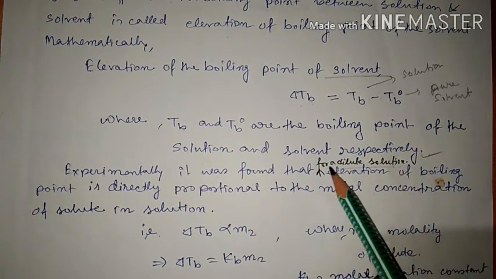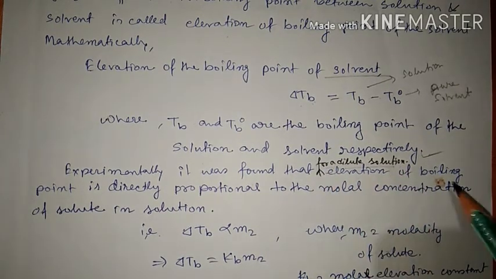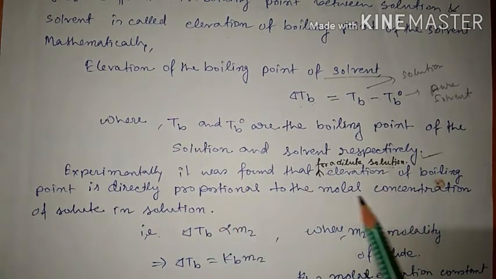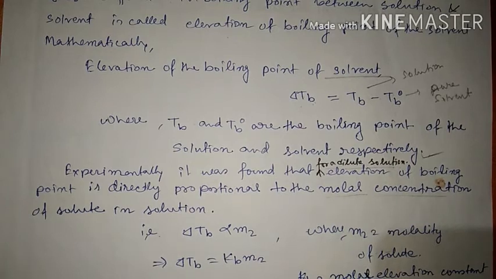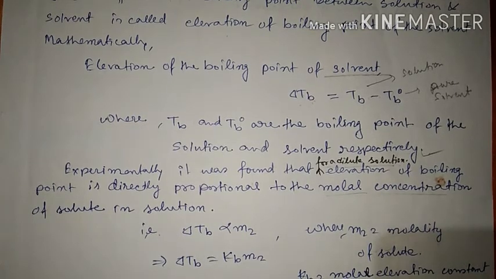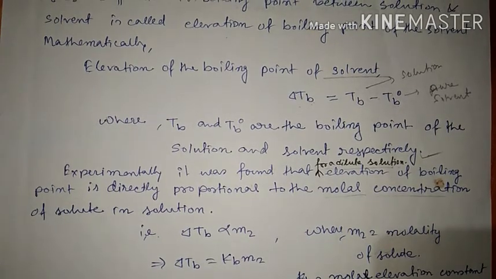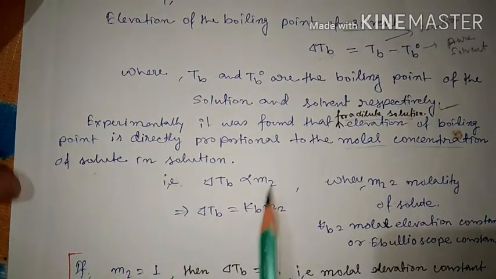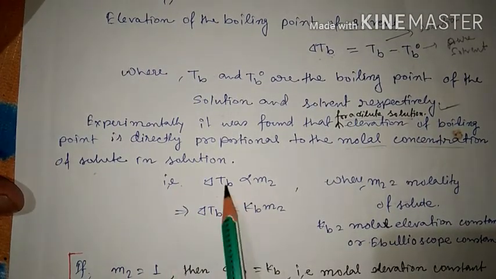That's why we are dealing with dilute solutions. Now see, in dilute solutions, the elevation of boiling point is directly proportional to the molal concentration, not the molar or normal. It is molal, that means moles per kg of the solvent, not in ml.